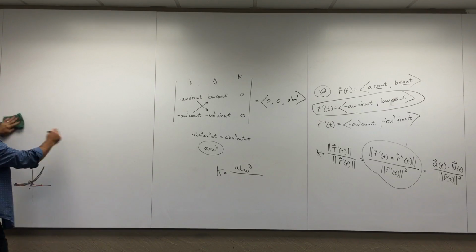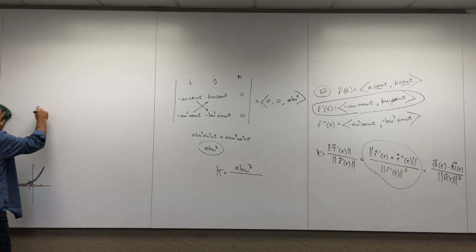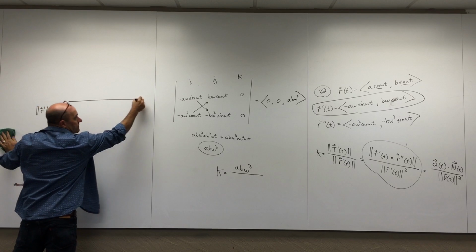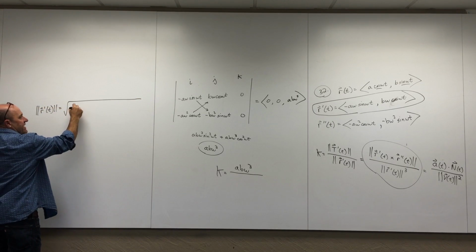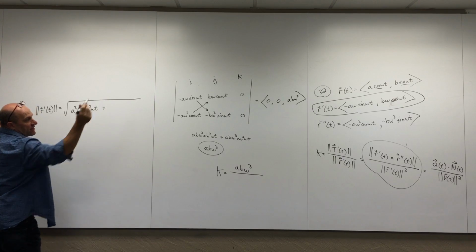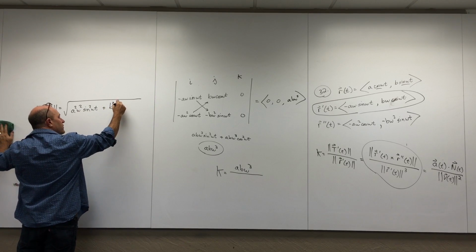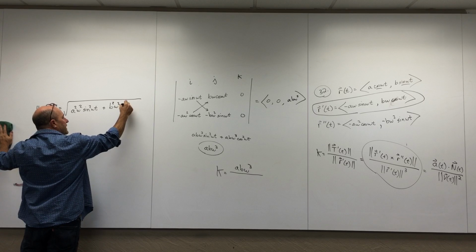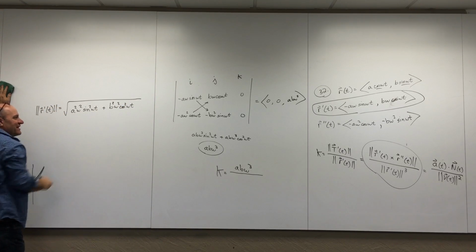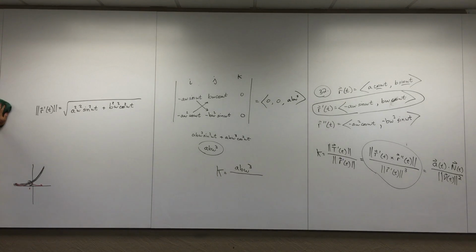Of course, the magnitude of R prime is the square root of that dude squared, so A squared omega squared sine squared omega t plus the other guy squared, which is B squared omega squared cosine squared omega t. And you can't really get rid of those sine squareds and cosine squareds, can you?